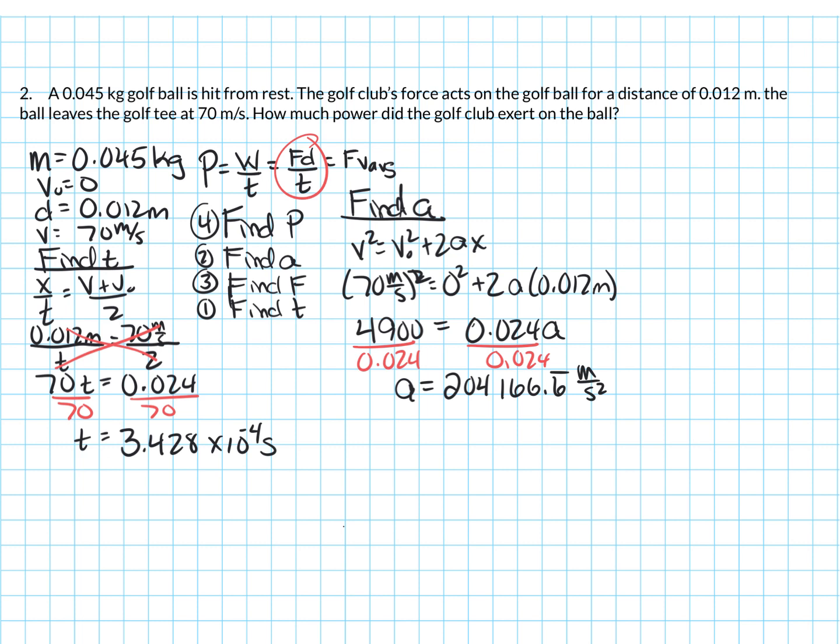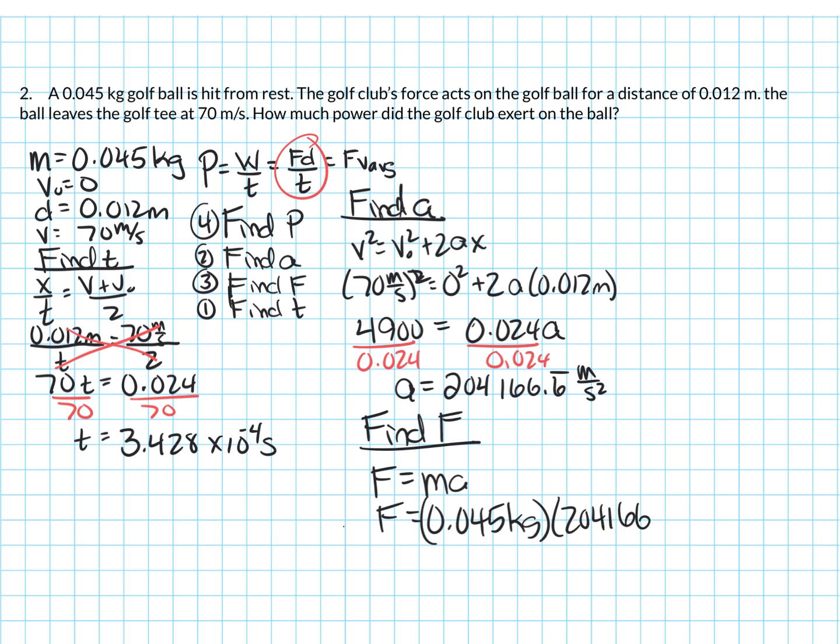All right, so that's the second thing. Now I'm going to find the force. So I'll make a little note here. Find the force. F equals ma. So F equals 0.045 kilograms, the mass, times the acceleration I just calculated, 204,166 meters per second squared.